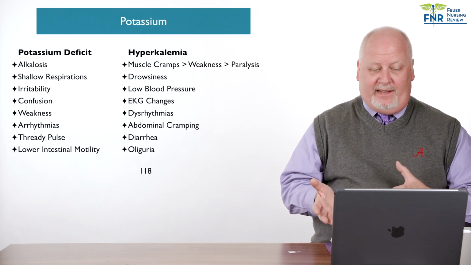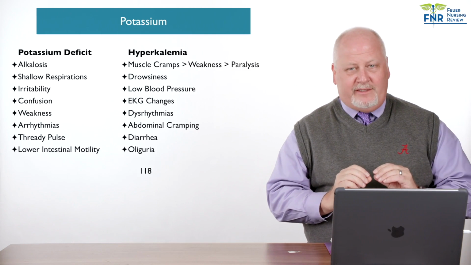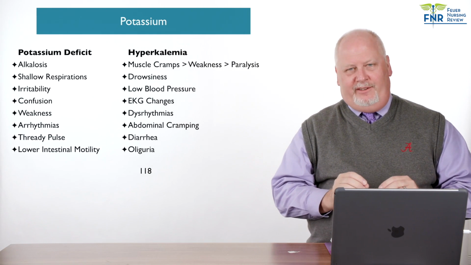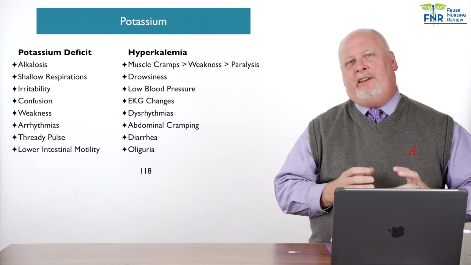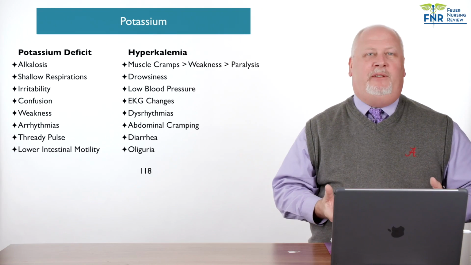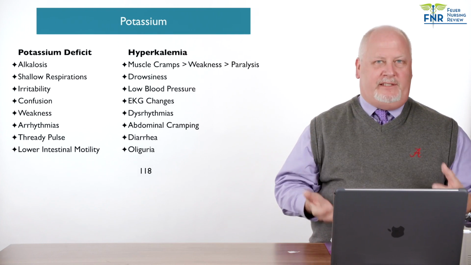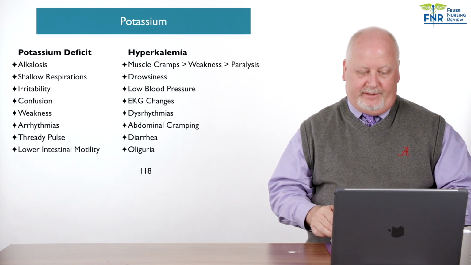With high potassium levels, or hyperkalemia, a common cause is renal failure, as we mentioned earlier. So the patient does not have full kidney function, and the body is not getting rid of potassium in the urine. Therefore, that potassium builds up in the blood, and we end up with hyperkalemia.